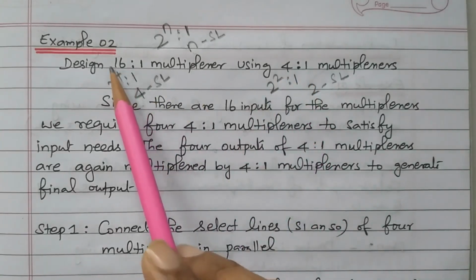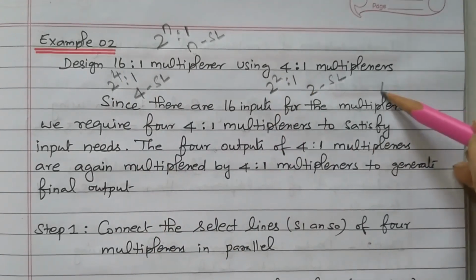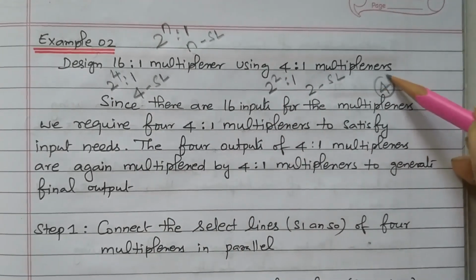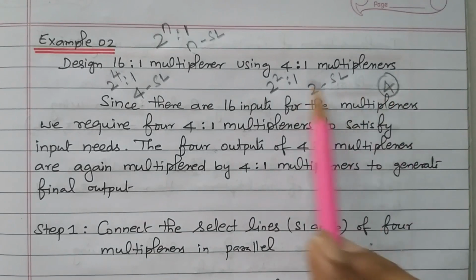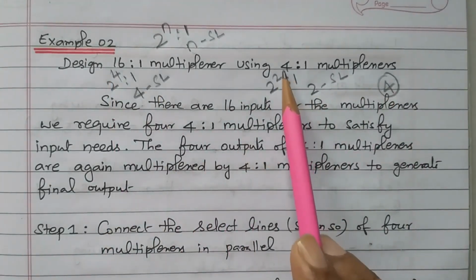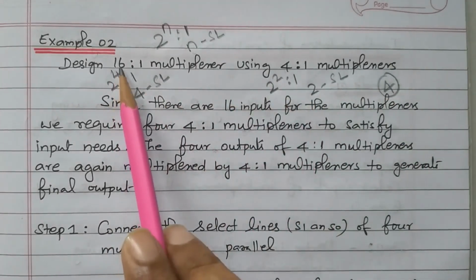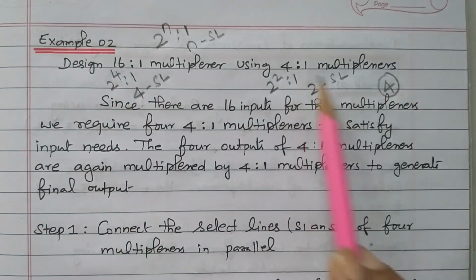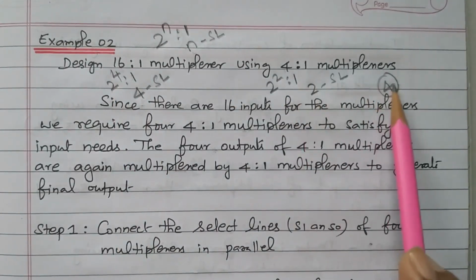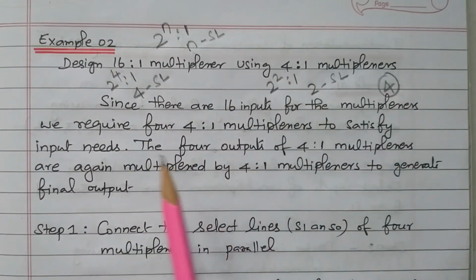So in order to connect 16 inputs, 4 into 4, 4 multiplexers, 4:1 multiplexers, are needed, so that we can connect 16 inputs, right? A 4:1 multiplexer is able to connect only 4 inputs, but we need to connect 16 inputs. So 4 into 4, 4 multiplexers are needed.